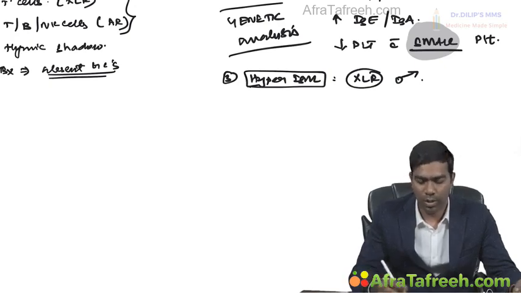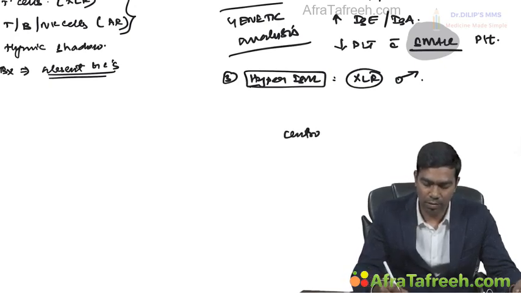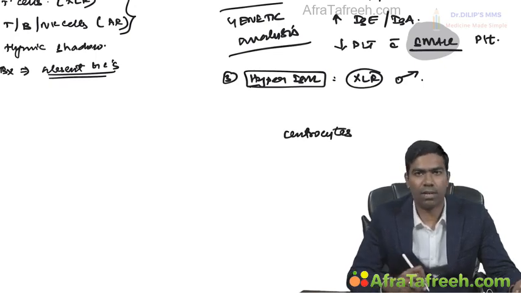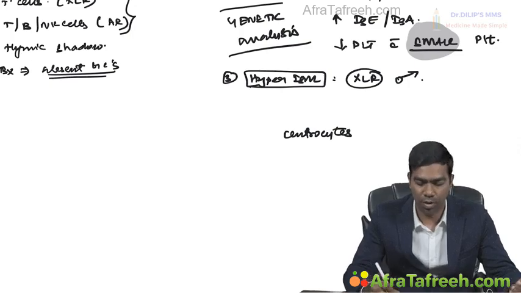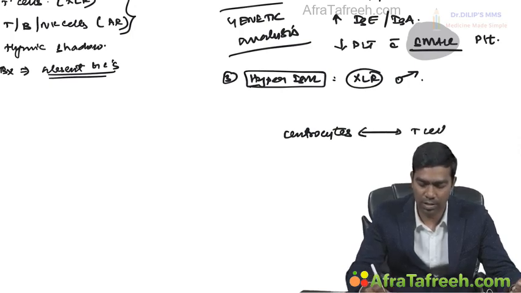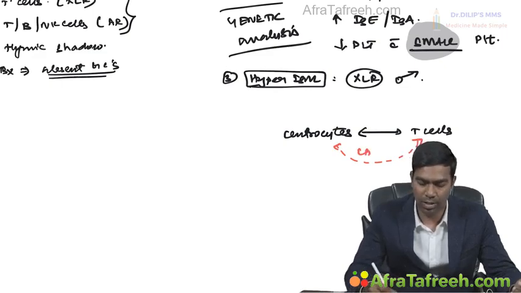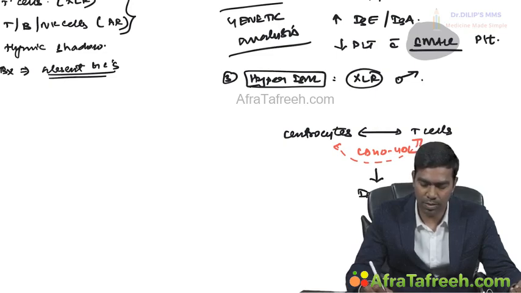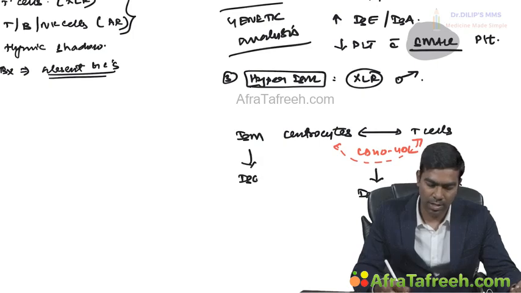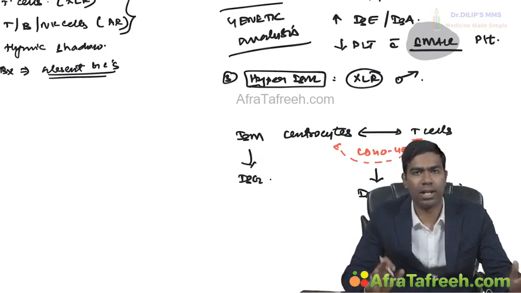You remember I told you, once centrocytes are formed, they have to interact with T cells, and the T cells have to stimulate these centrocytes through the CD40 ligand interaction. This is very important for isotype switching as well, class switching of the antibody. Class switching means typically in our body from IgM antibody to IgG antibody. So this interaction is again very important.